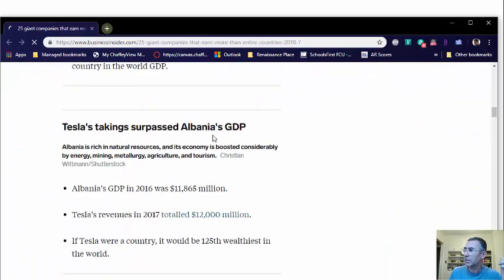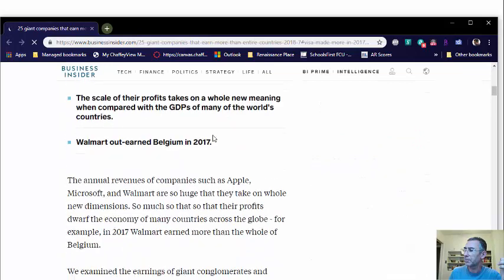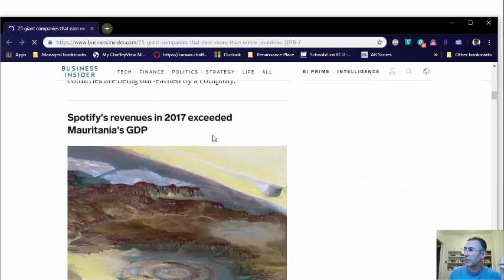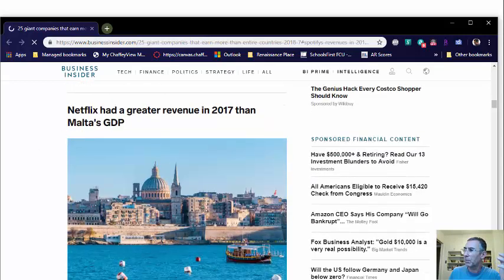So it's an interesting little take on this where you can see that, there we go, Spotify, right, which is a Swedish company, in 2017, that company's revenue exceeded the gross domestic product of Mauritania. Netflix, right, more than Malta.